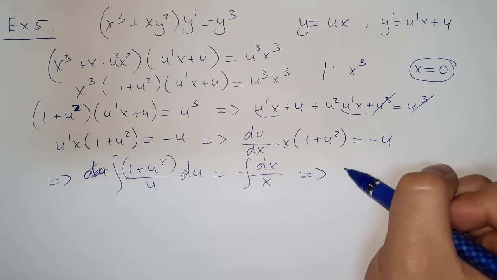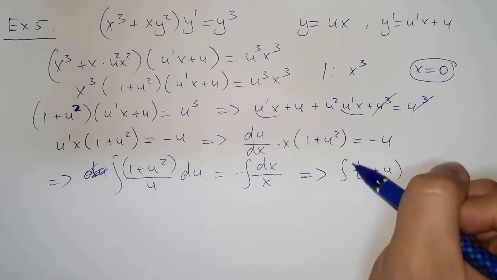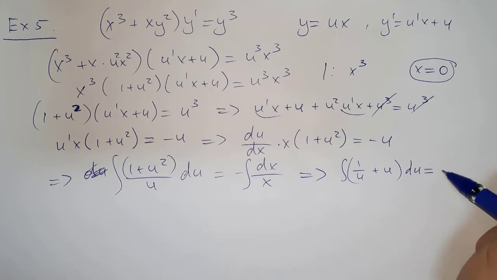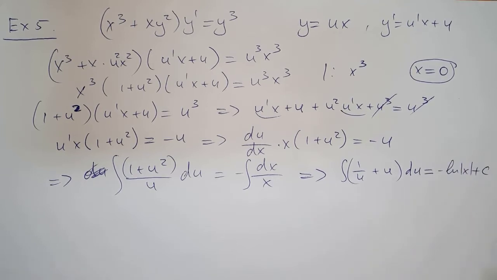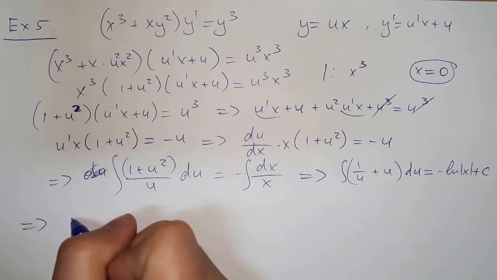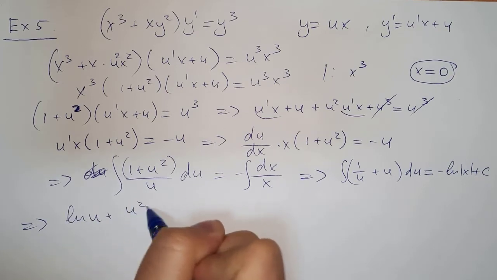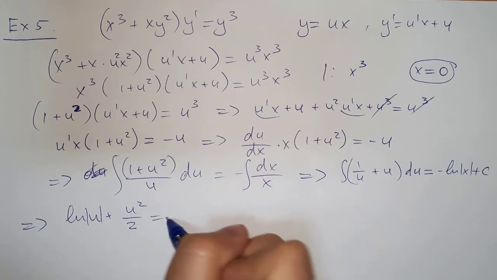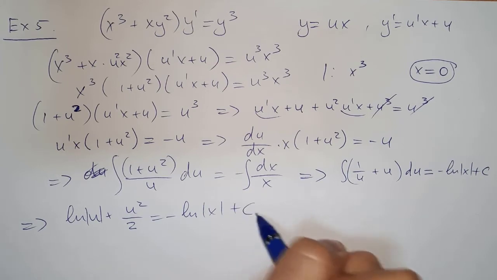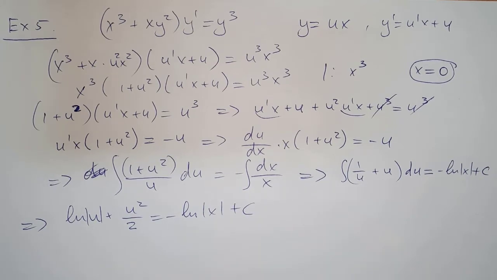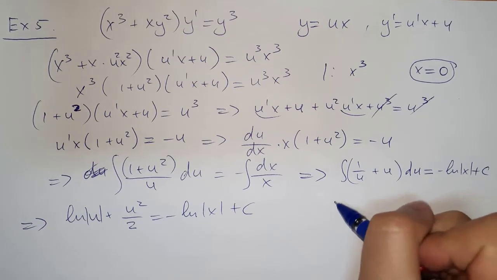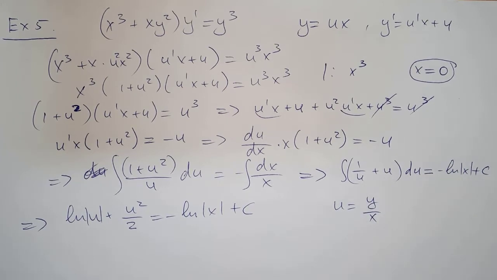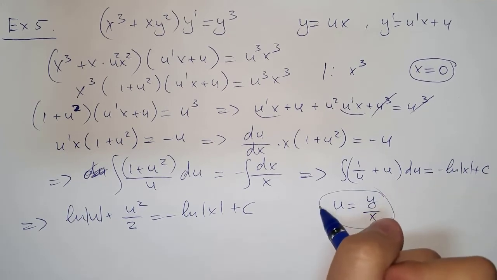Integral of 1 over u plus u du equals minus natural logarithm of x plus a constant. So it will be now natural logarithm of u plus u squared over 2 equals minus natural logarithm of x plus constant. Our u is y over x, and we can substitute this u one more time.